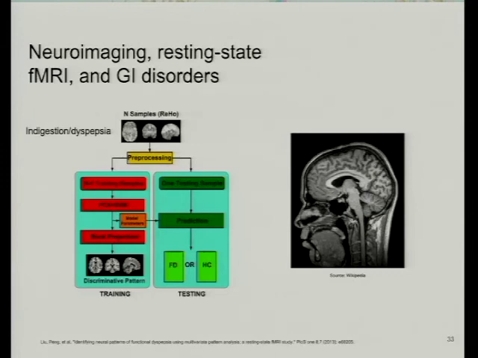So they take healthy controls and people with indigestion and use a machine learning algorithm to try to differentiate the two. Even though this model doesn't use the microbiota per se, one can speculate that adding in the microbiota could give you some extra information to increase the predictive power in distinguishing between healthy controls and some disease state.